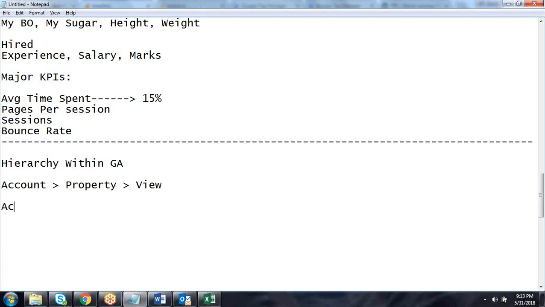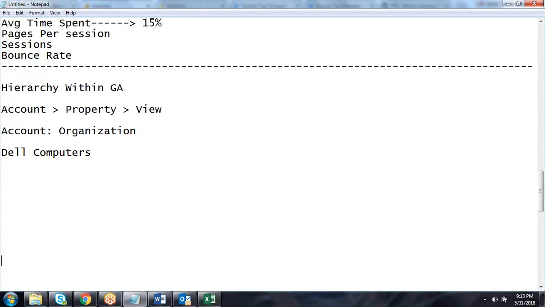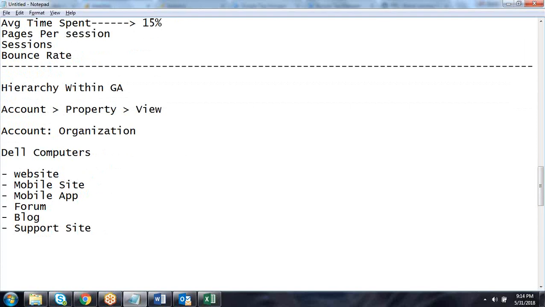Okay. So what is an account? An account is always created at the level of the organization. So let's say I'm the owner of Dell Computers, and Dell Computers has 6 platforms to help its customers. There is a website, then there is a mobile site, then there is a mobile app, then there is a forum, then there's a blog, and then there is a support site.